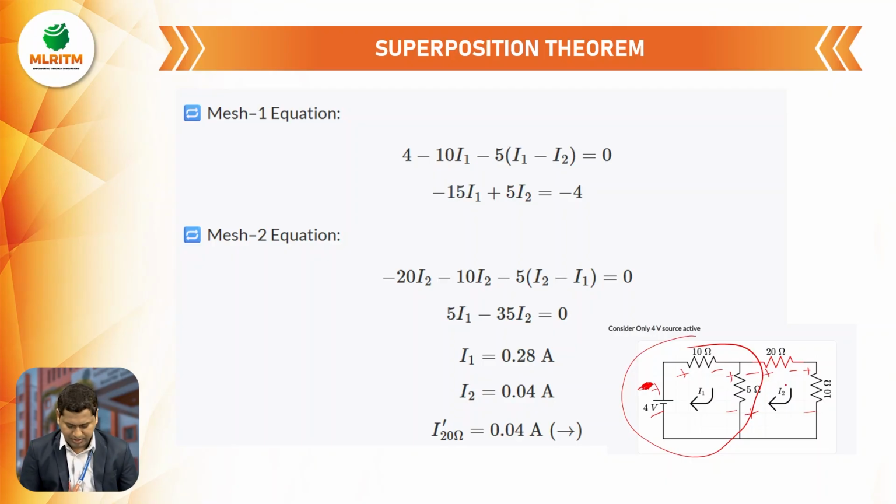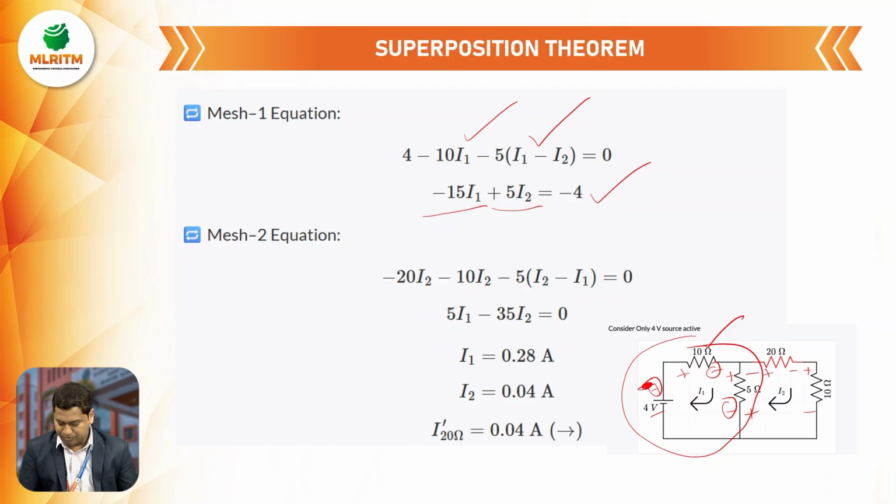In this case, 4 volt is plus minus, then minus 10 I1, minus 5 times I1 minus I2 is equal to 0. Finally I get minus 15 I1 plus 5 I2 is equal to minus 4.